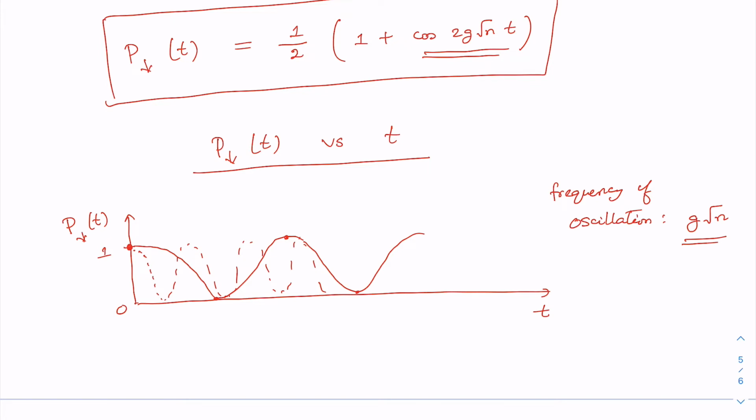In fact, this quantity z√n plays the role of the Rabi frequency, which, as we discussed in the first module, is related to the field amplitude.